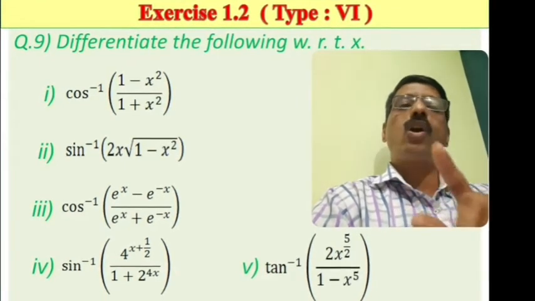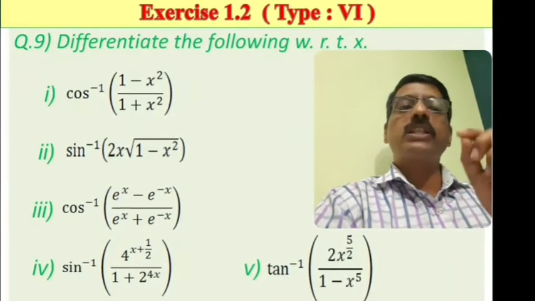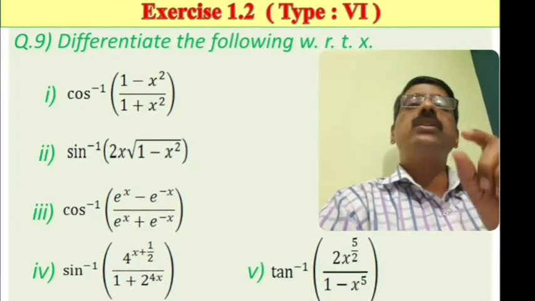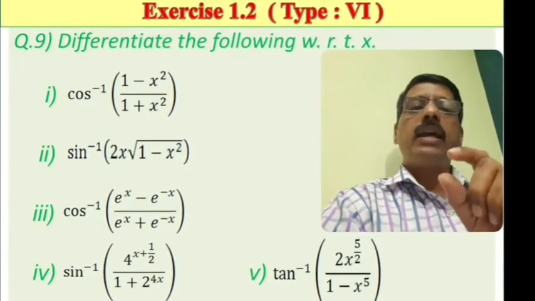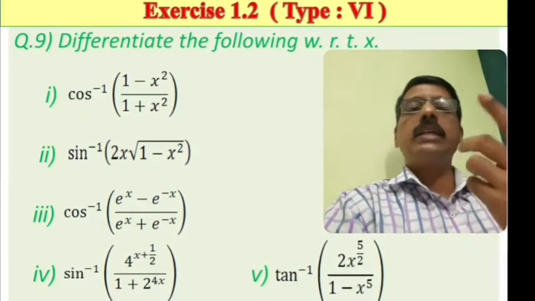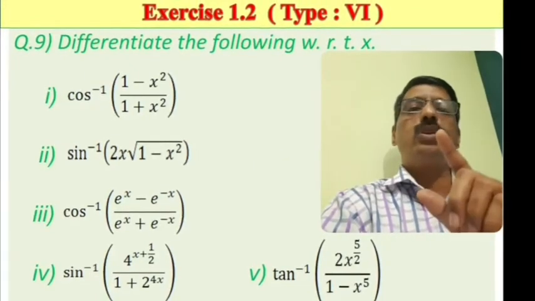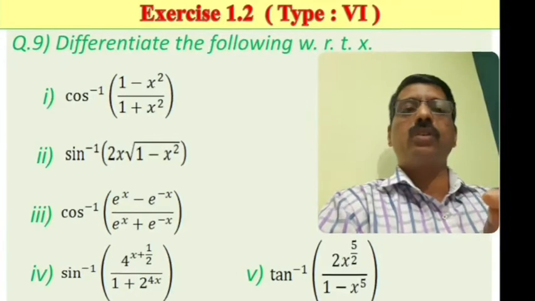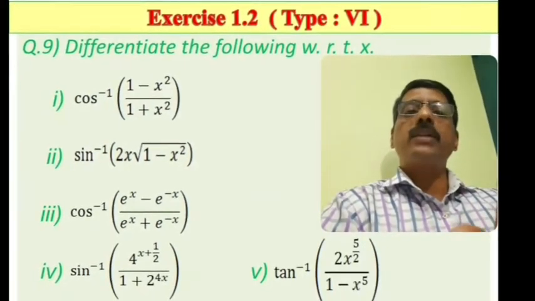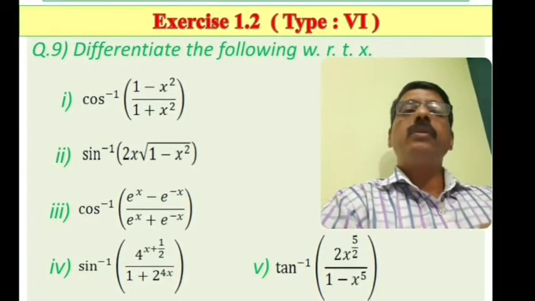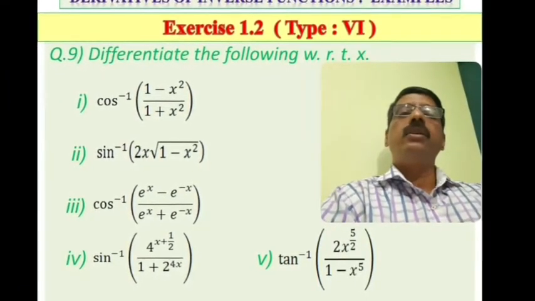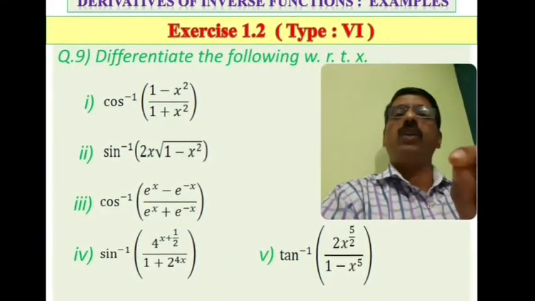In the theory part, we already discussed some important substitutions, that is, when the given function is in a typical form, which substitution has to be applied. That was discussed in the second video of derivatives of inverse functions. With the help of this substitution, we convert the f of x in the given inverse function to a trigonometric function, and then we can find the simple form of the given function.